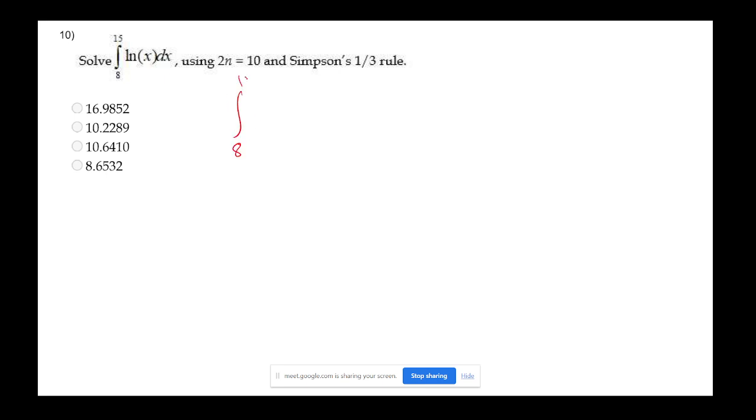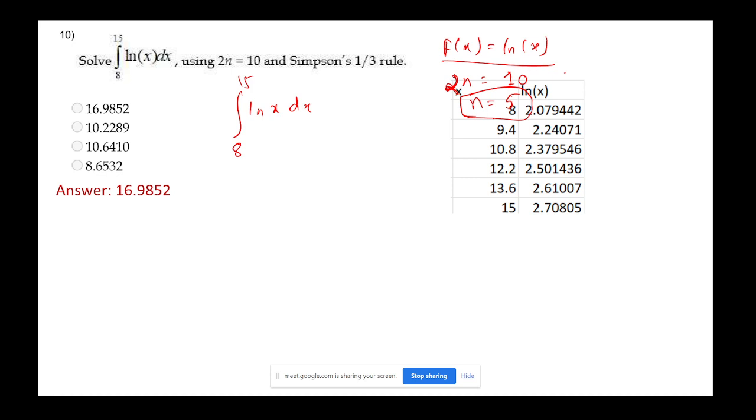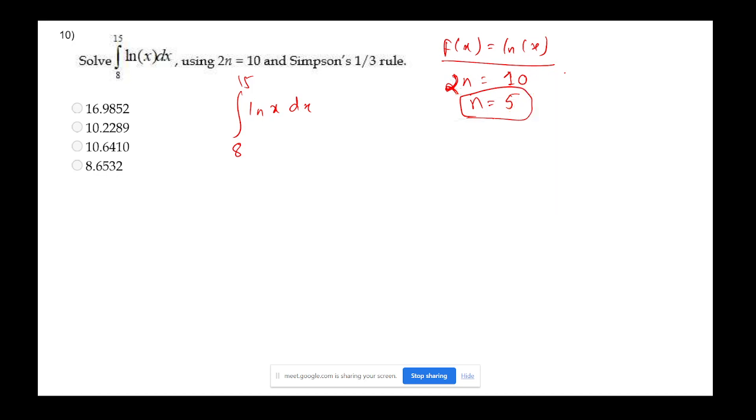integration 8 to 15 ln x dx. So here f(x) is ln x, okay, and 2n you are given as 10. So n is nothing but 5. So let's do that.